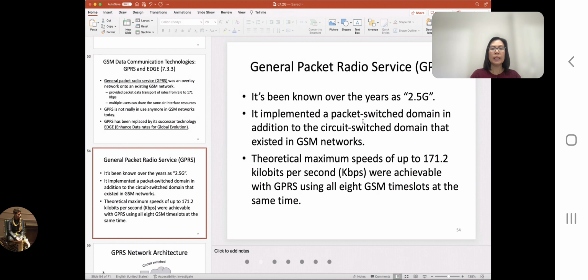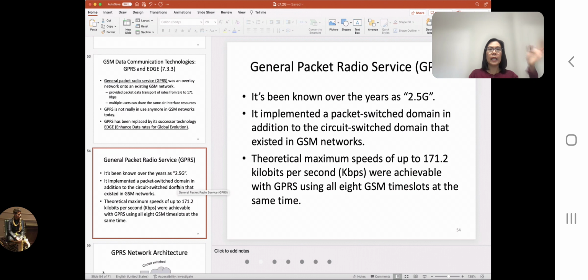It implements a packet switch domain in addition to the circuit switch domain that existed in GSM network. Theoretically, it can provide a maximum speed of 171 kilobits per second if all the GSM time slots were used at the same time, right?